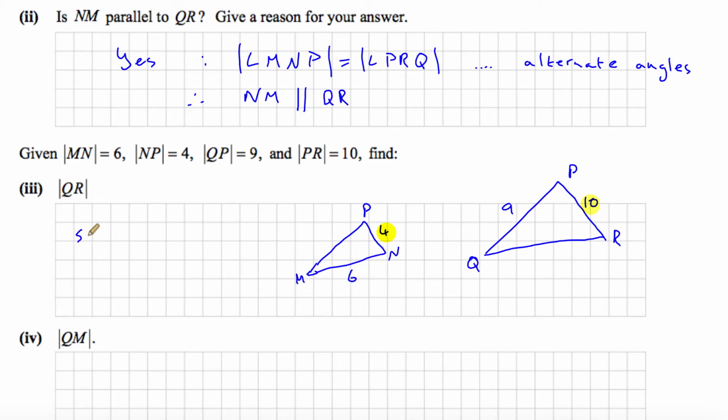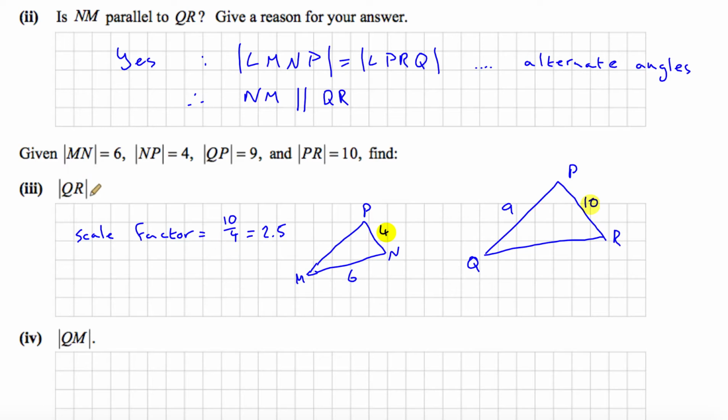So the scale factor is the big divided by the small, so it's just 10 over 4. And 10 over 4 is 2.5. So that's our scale factor, 2.5.